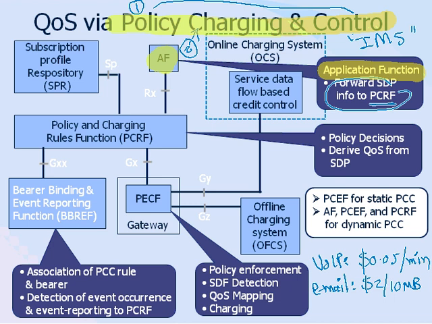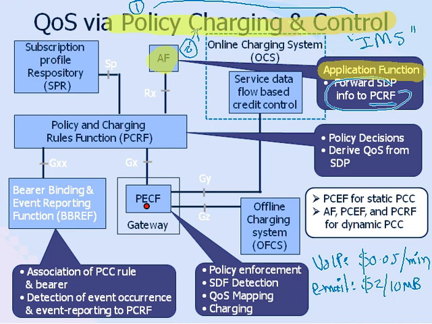This could be just part of the HSS also. These are all logical components. So you can physically put them in some box, but maybe this is part of HSS. In any case, this is what the user has subscribed to. And so the PCRF will make sure that this user can receive this kind of quality of service, this kind of data rate and so on.